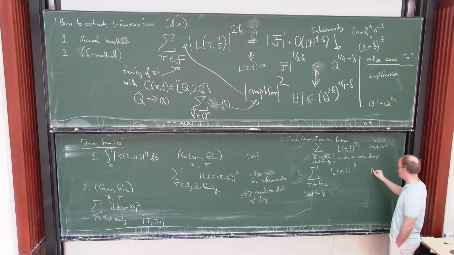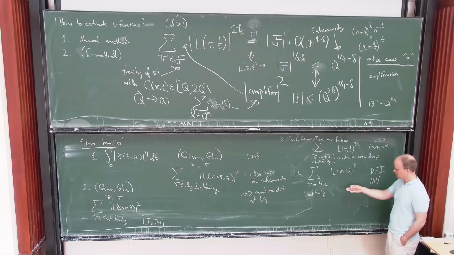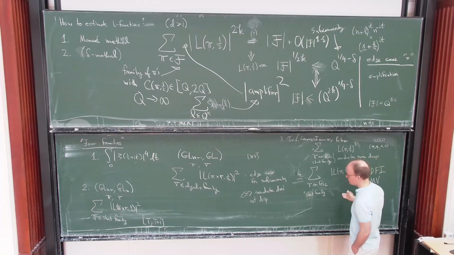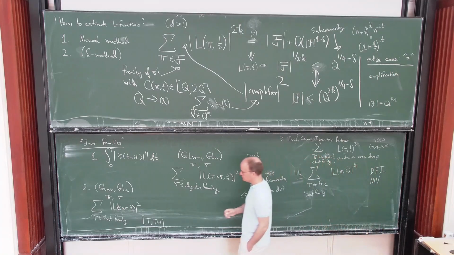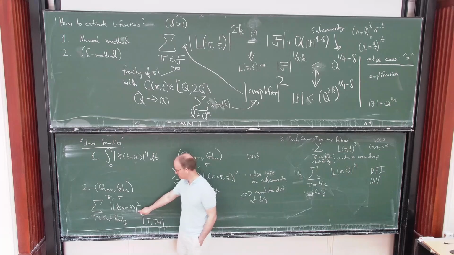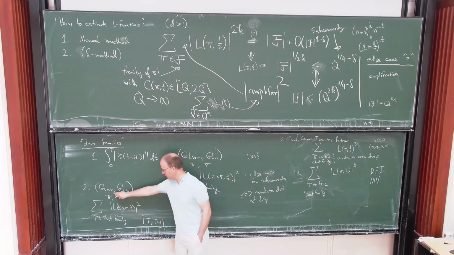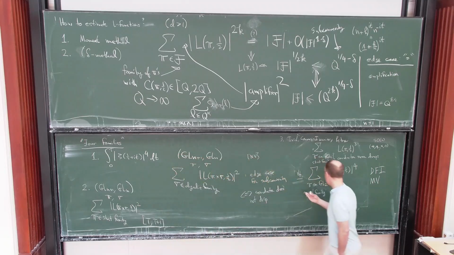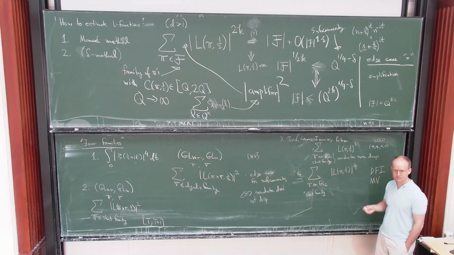This was done by Duke-Friedlander-Iwaniec in some generality, and then Michel-Venkatesh more generally. You can think of this as the case where n is 1, but you replace the exponent 2 with the exponent 4.